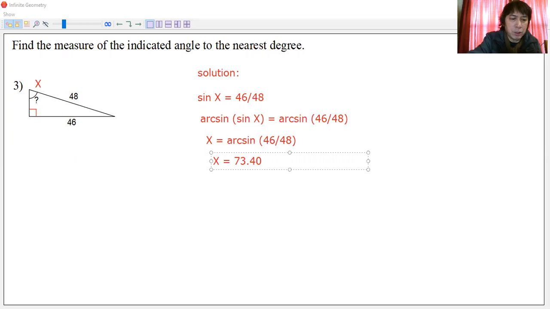Let's complete all the digits. That'll be 5786. This will be in degrees. And angle X rounded to the nearest degree will just be 73. There. That's it. This is our answer.